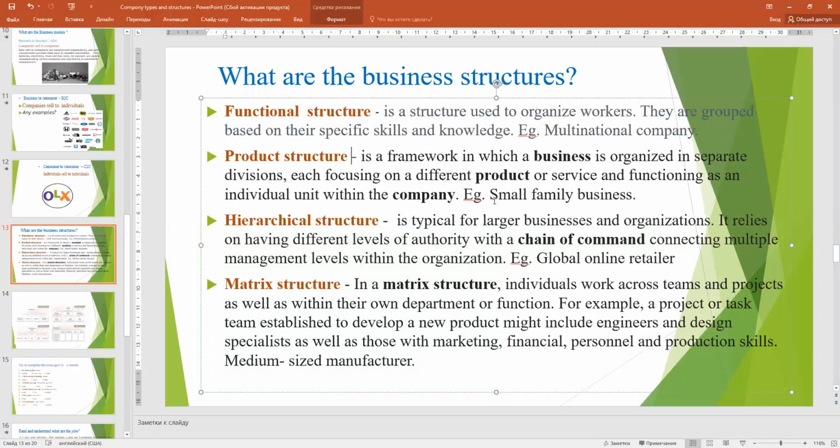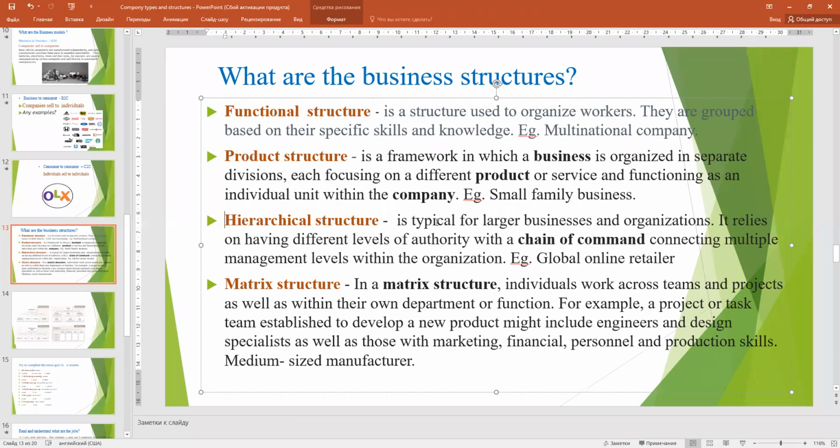And here's the example: small family business. A small family business is called a product structure because the business is organized in separate divisions, each focusing on a different product or service, functioning as an individual unit.